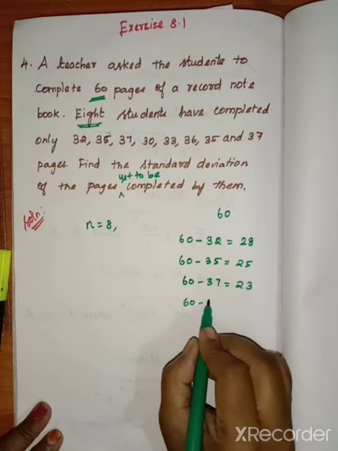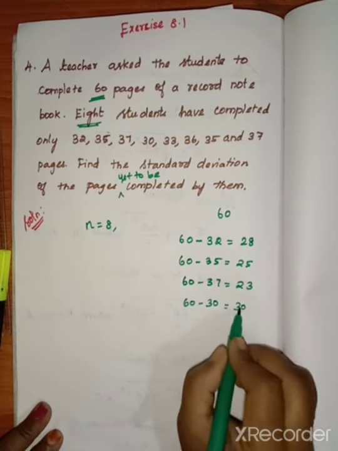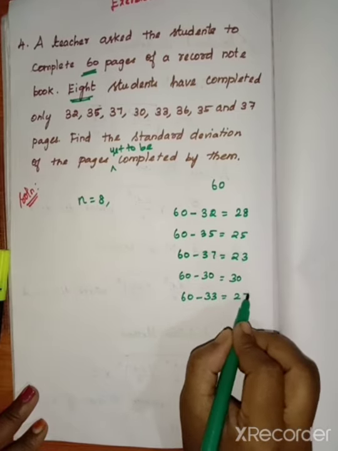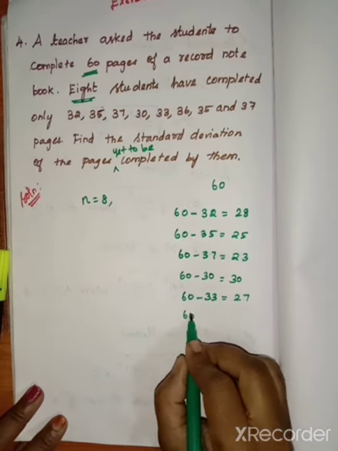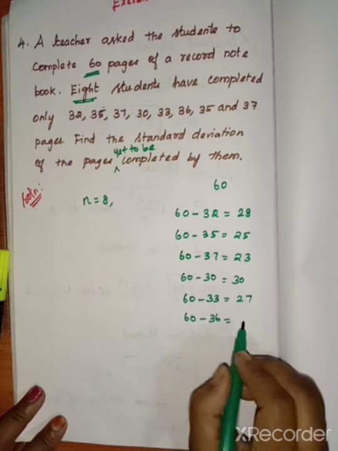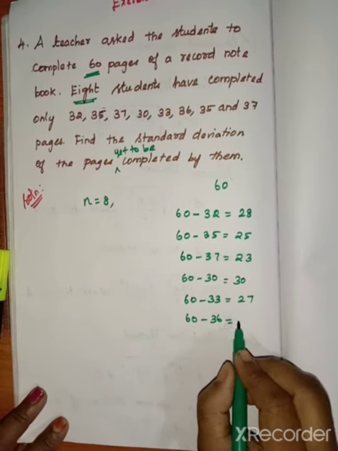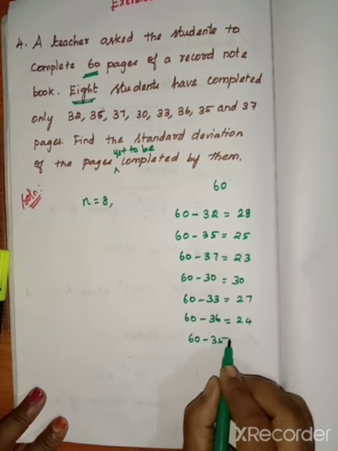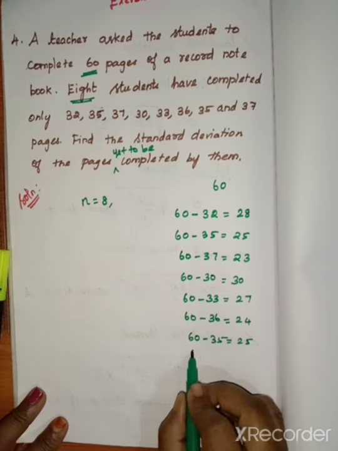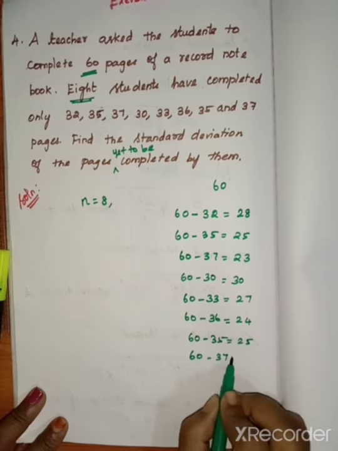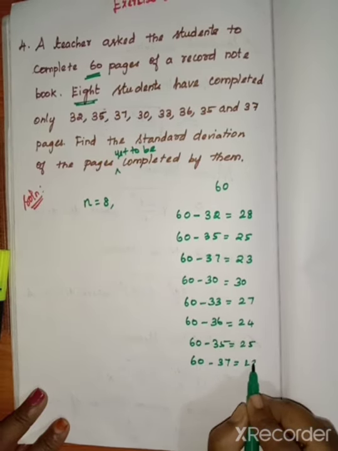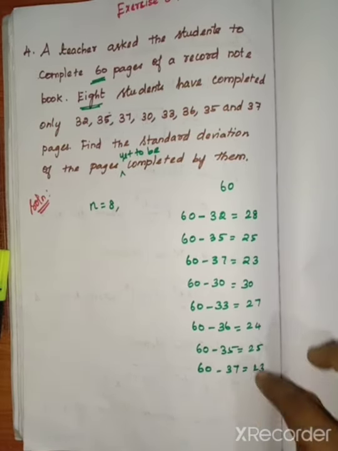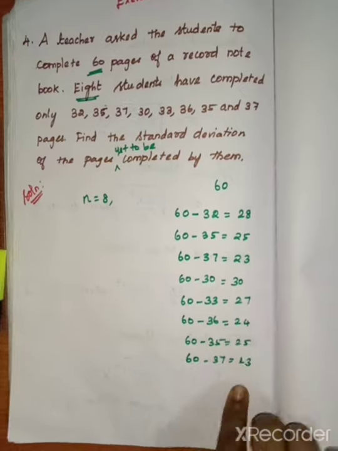Then 60 minus 30, 30. Then 60 minus 33, 27. 60 minus 36, we get 24. Then 60 minus 35, 25. Then 60 minus 37, we get 23. So totally, for the 8 students, we find the remaining pages they want to complete.